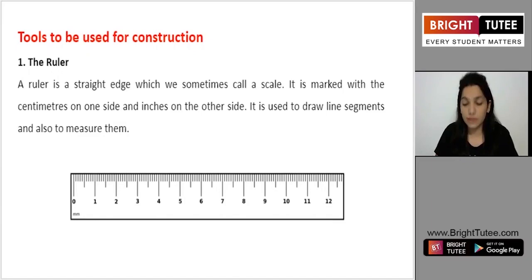And obviously while you are drawing these straight lines, you can also use this particular ruler in order to measure those lines, right? You see that there are certain measurements given on the ruler. See the ruler that you are having for yourself. Probably it's a plastic ruler or a wooden one or a steel ruler, right?